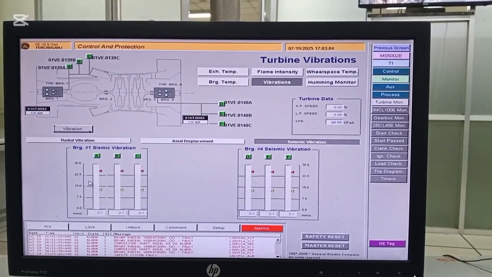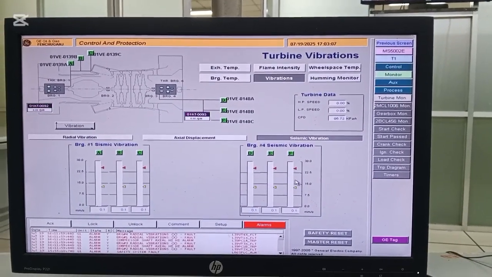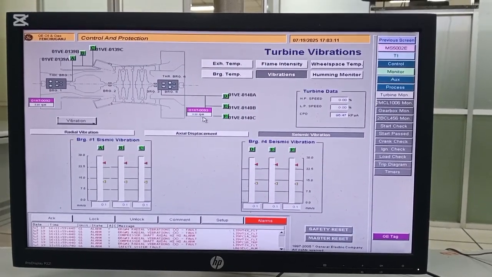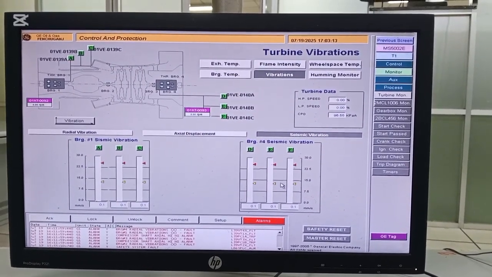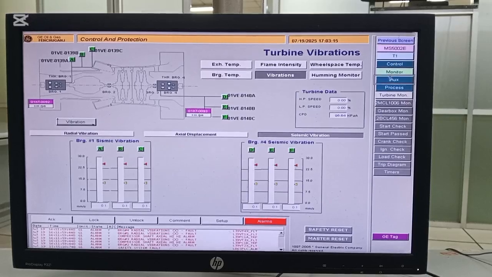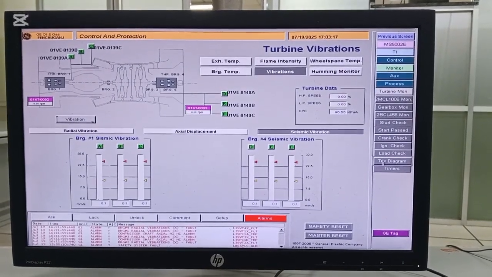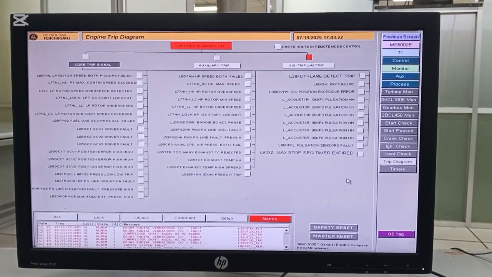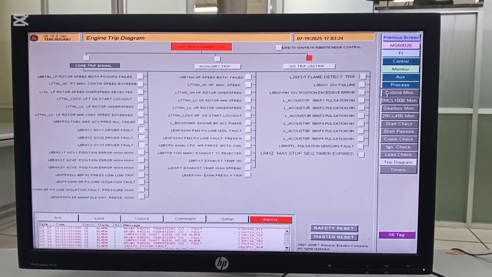In this way we connected the sensors one by one, and then we found that when the last vibration sensor connector was connected to the vibration system, all the vibration readings were fluctuating.